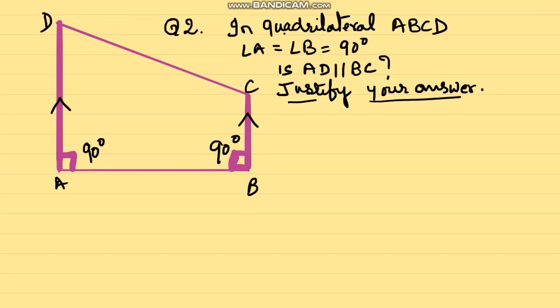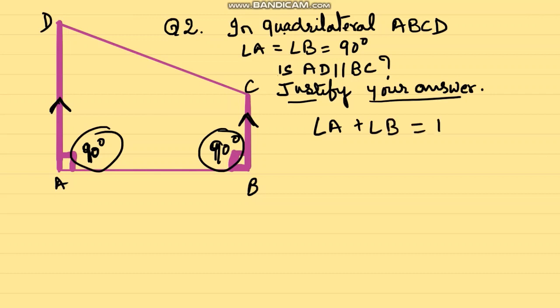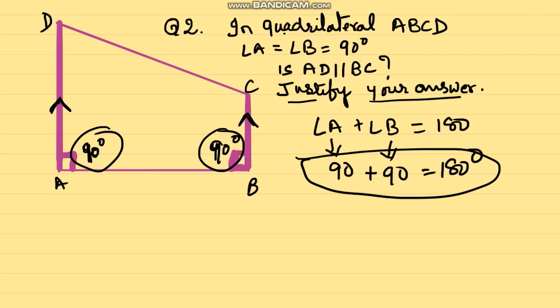If you see properly, 90 degrees that is angle A and 90 degrees that is angle B. Both of them are between two lines AD and BC. See, angle A plus angle B is equal to 180 degrees. Since angle A is 90 and angle B is also equal to 90, you have 90 plus 90 equal to 180 degrees. And angle A and angle B are co-interior angles.